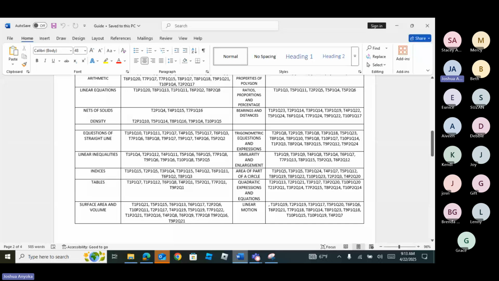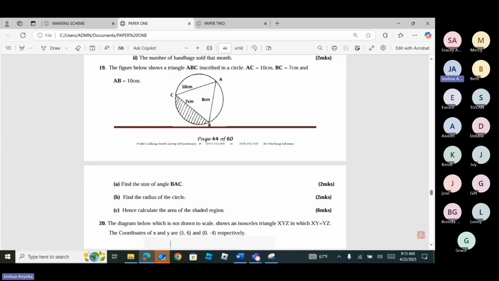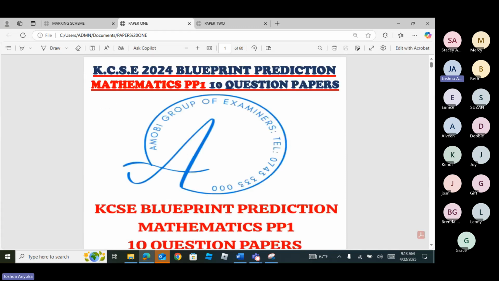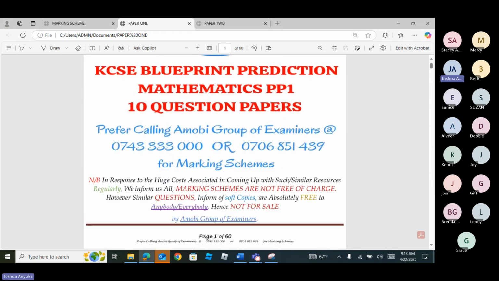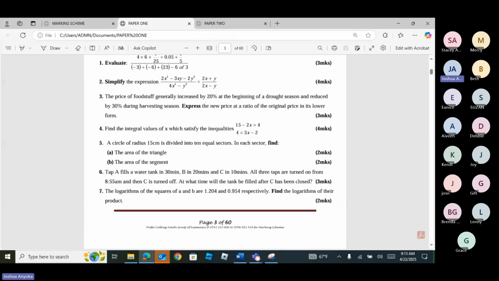Linear inequalities, trial 1, paper 1, question 4. Find the integral values satisfying the inequalities.